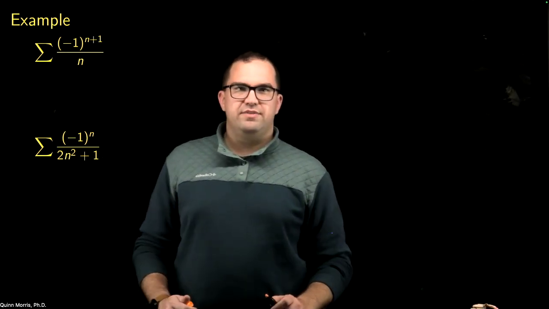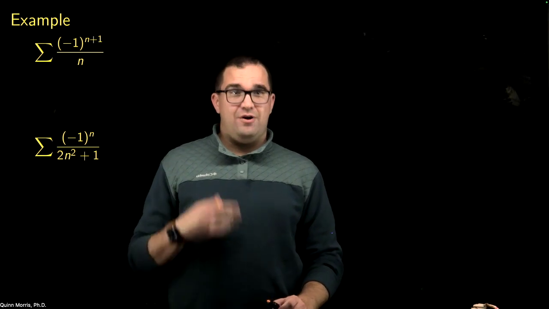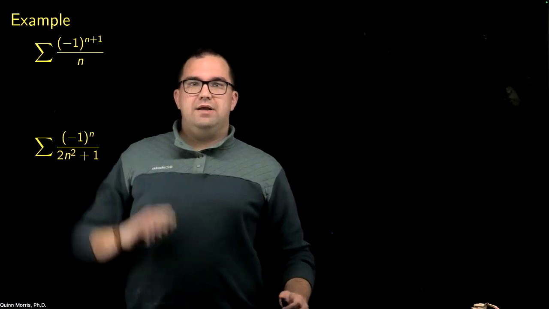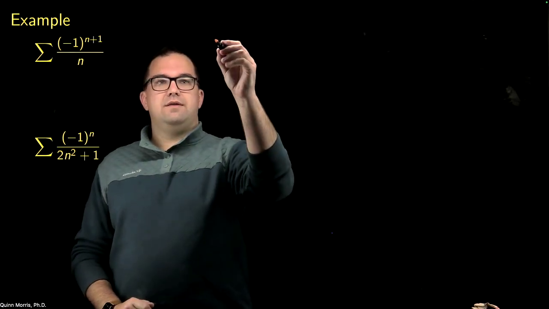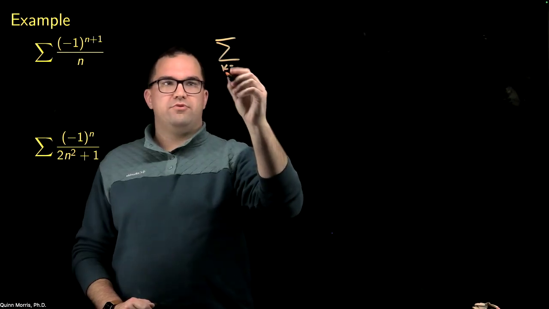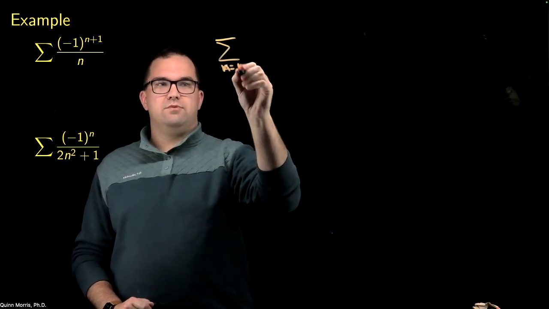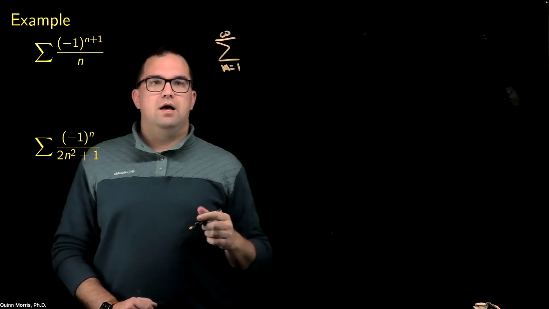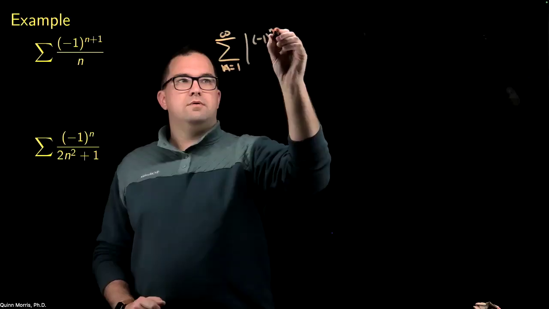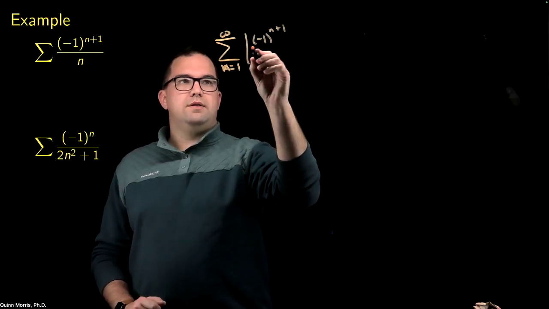With each of these, the first thing I'm going to do is look to see if they're absolutely convergent. So if I look at this series, and we can assume for both of these that these are sums from n equals 1 to infinity, this is, if I take absolute value, minus 1 to the n plus 1 over n.